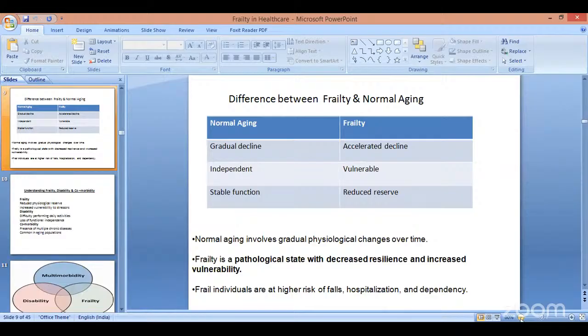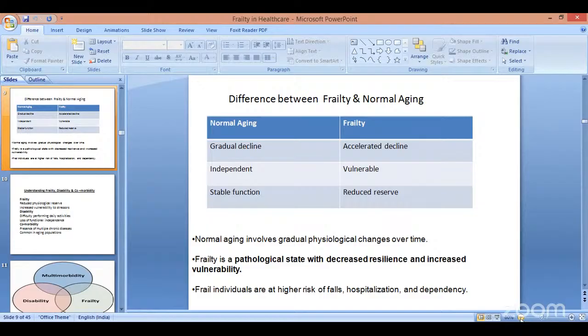So, the difference between frailty and normal aging. In normal aging, there's a gradual decline, whereas in frailty, there's an accelerating decline. Normal aging patients are independent, but frail patients are very vulnerable. Their normal day-to-day activities go on, so they have stable function, whereas here the reserve is reduced.